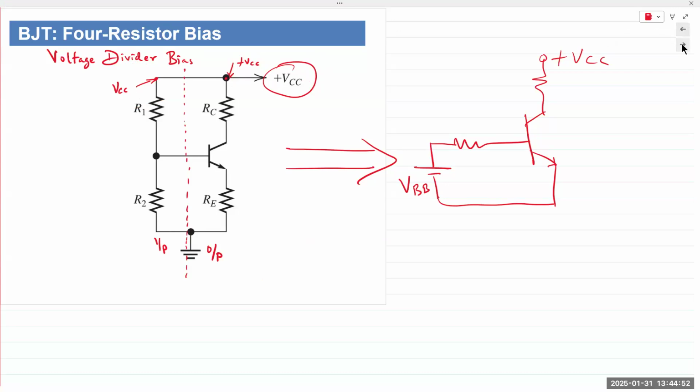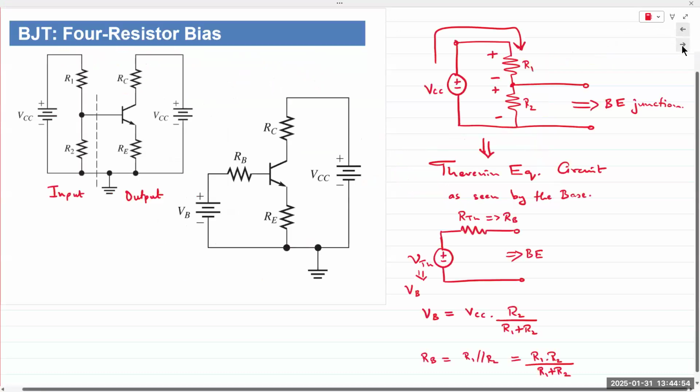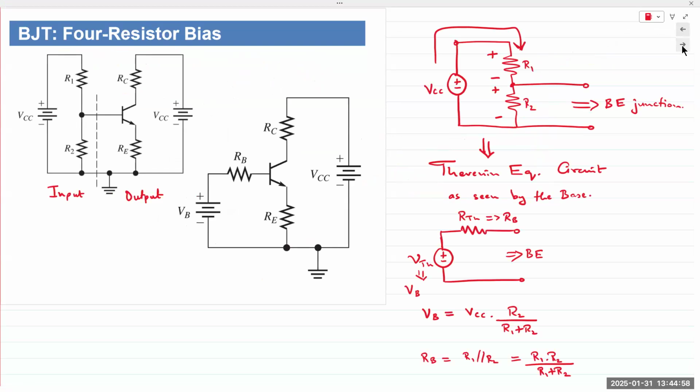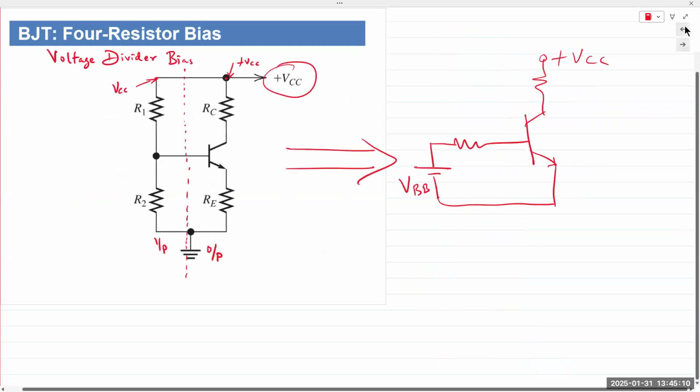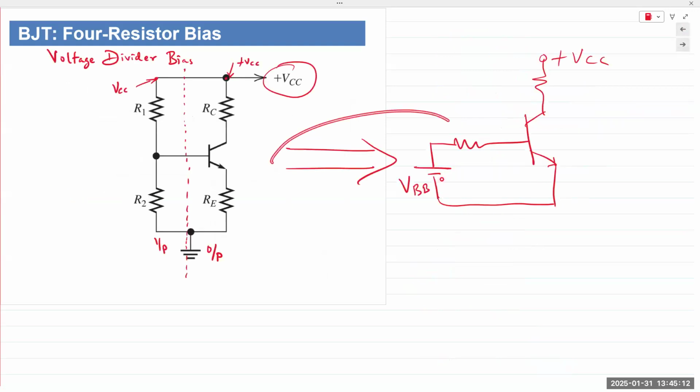And for that, we'll call upon Thevenin to help us out. We need to find the Thevenin equivalent network as seen by the base emitter junction. Okay, as I said, we need to go from the circuit on the left to the circuit on the right.